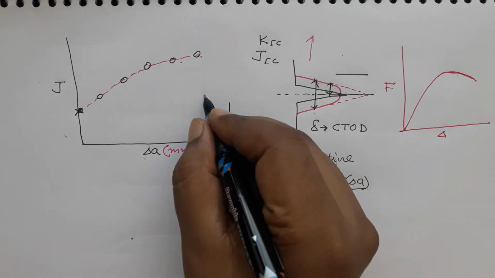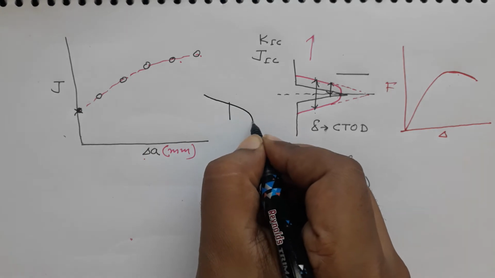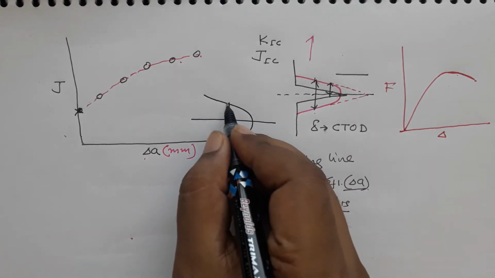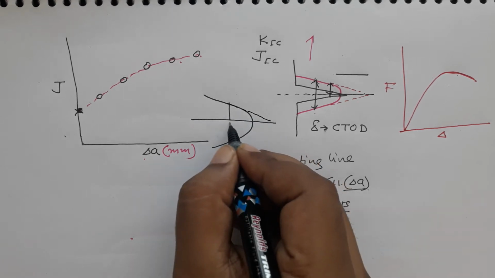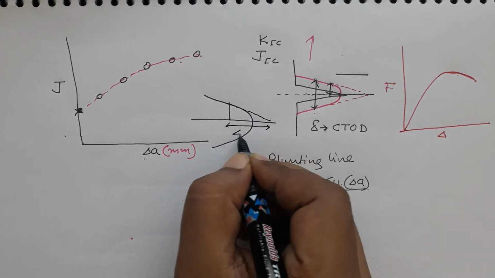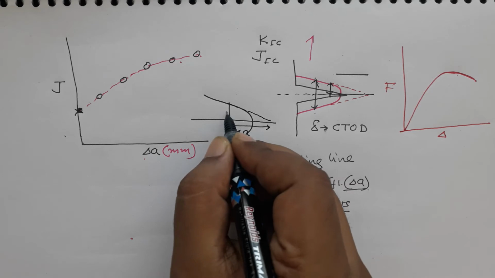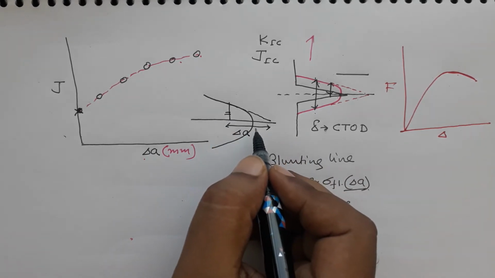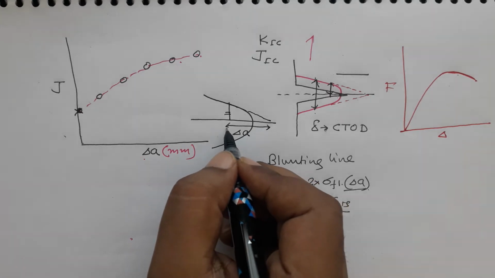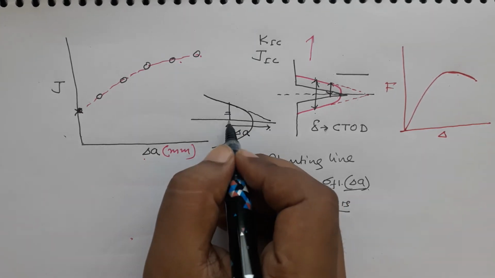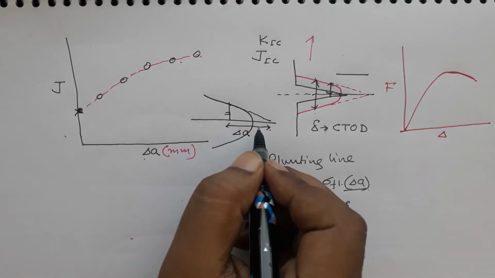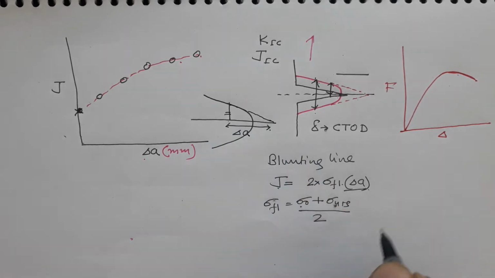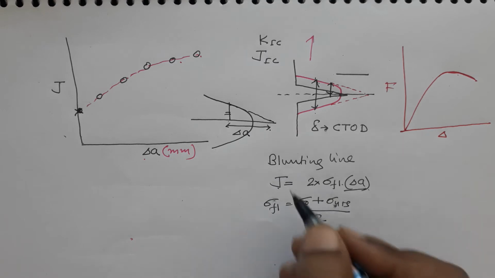So, if my crack has blunted like this, then I say that this delta A is equal to this. This is an assumption. So, I am saying that a crack extension of the same amount as half of CTOD would have happened virtually, and that gives me a blunting line.